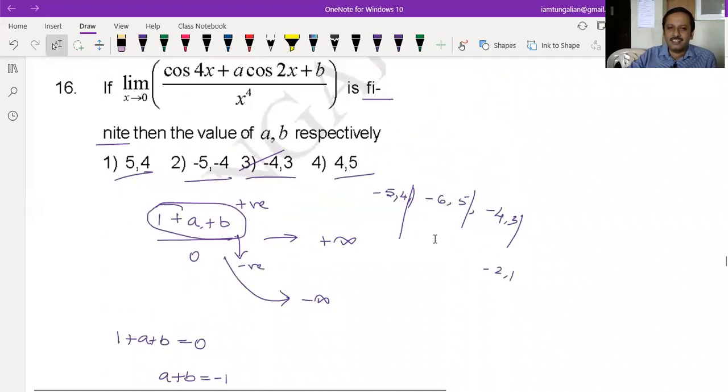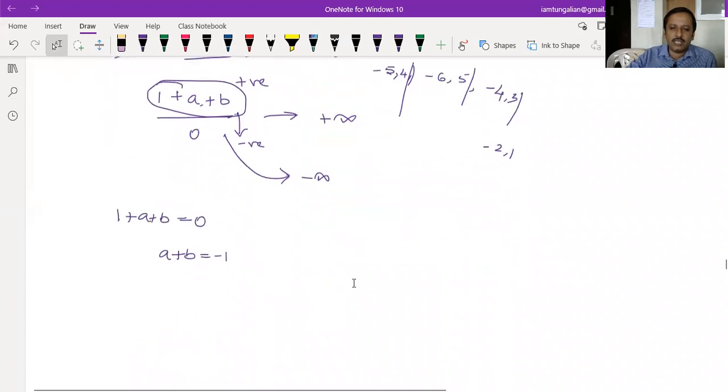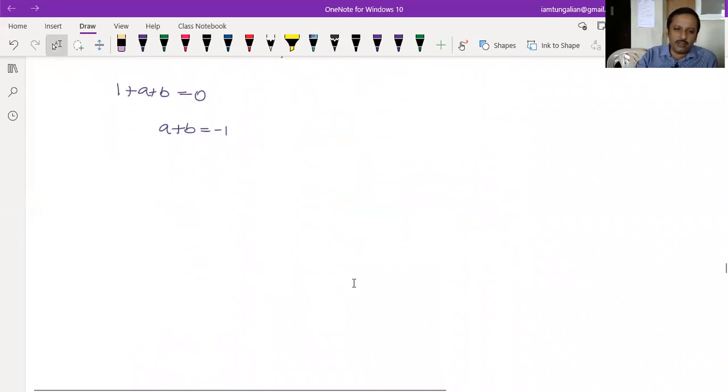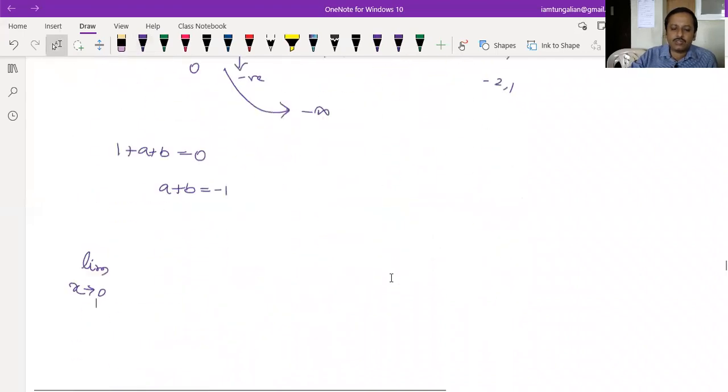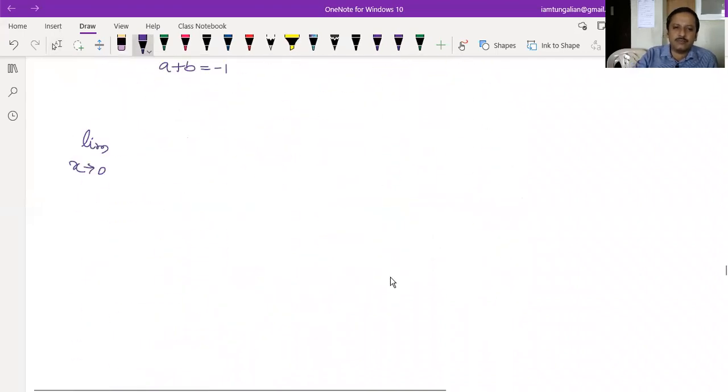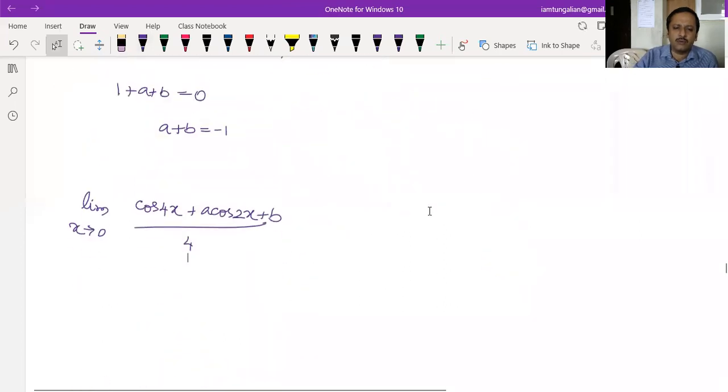So yeah. Then I'll explain what to do. After using L'Hospital, now you know if 1 plus a plus b is 0, you can use L'Hospital's rule, right? So you have (cos 4x plus a cos 2x plus b) divided by x to the power 4.